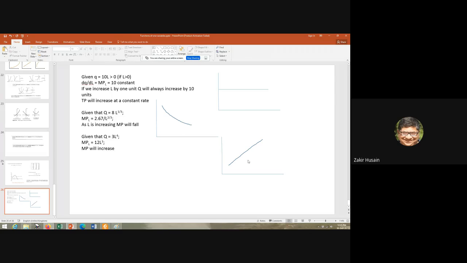Now, if the MPL goes up, we see that this is the law of increasing returns.